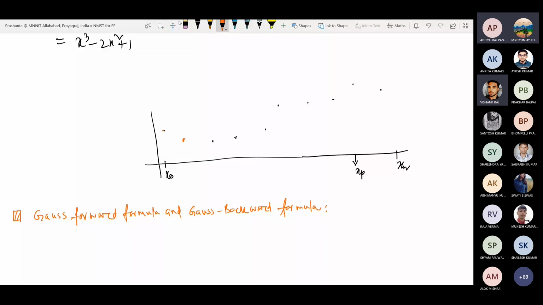If I ask you what will be the output value at this xp, which data will have less effect on the output value at x equals xp? The first few data points at the beginning and the last few data points at the end will have less effect on the output value at x equals xp, isn't it?